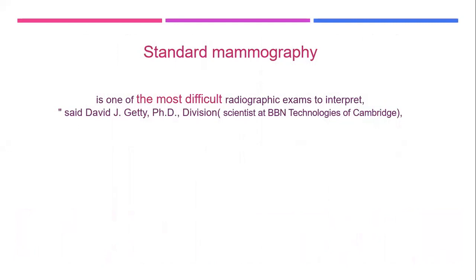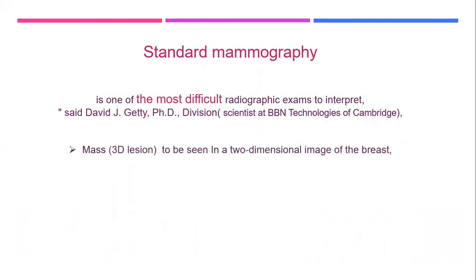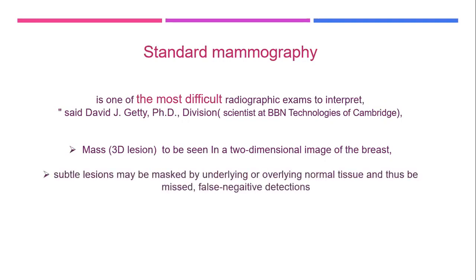David Getty, a scientist at BBN Technologies of Cambridge, said that the most difficult radiographic exam to interpret is the standard mammography. A mass, which is a 3D lesion, is to be seen in a two-dimensional image of the breast.